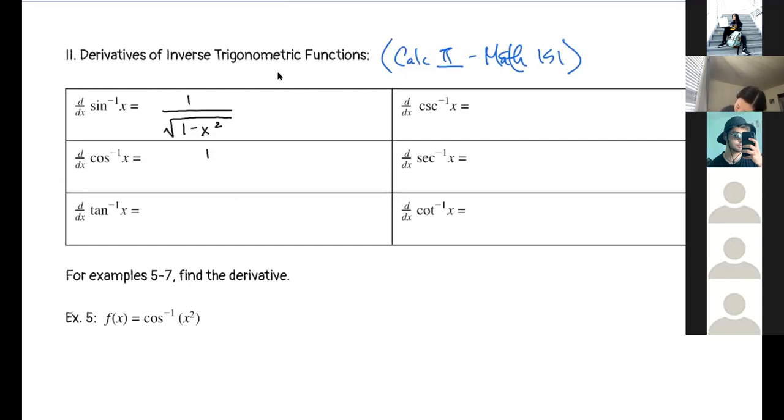It's going to be the same thing. However, remember that trick I said where all the derivatives of the trig functions that start with a c are all negative? Same rules here. The only difference between the inverse sine and the inverse cosine derivative, one is a positive, one is a negative. Okay, so that's why I like to start with these two, because if I know one, I know the other one.